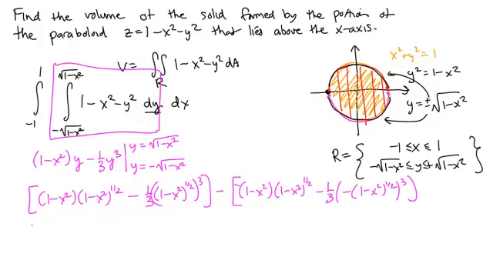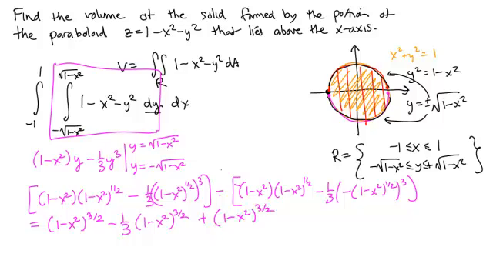So let's clean this thing up here. We have 1 minus x squared times 1 minus x squared to the 1/2 power, that's 1 minus x squared to the 3/2 power, minus 1/3, well, powers raised to powers, we multiply, so this is 1 minus x squared to the 3/2 power. Then we'll have a minus negative, so positive, 1 minus x squared times 1 minus x squared to the 1/2 power is 1 minus x squared to the 3/2 power.